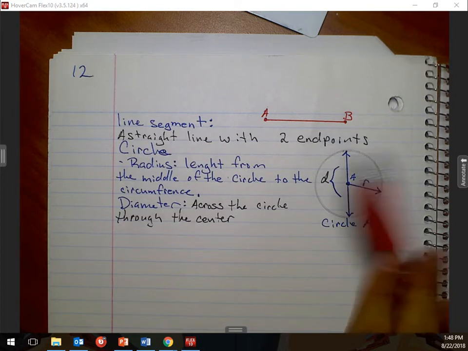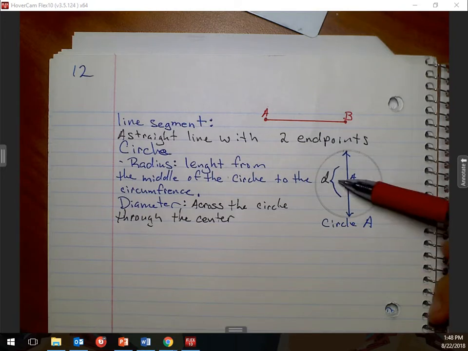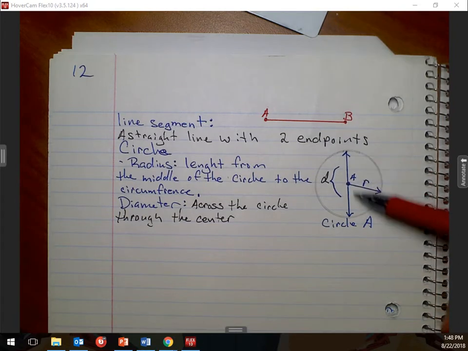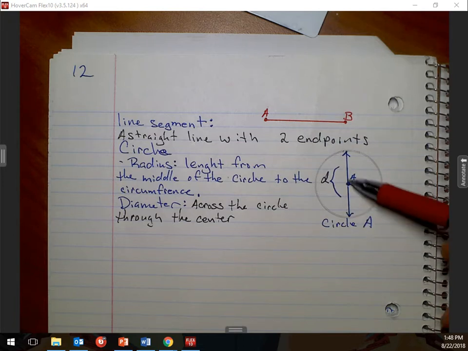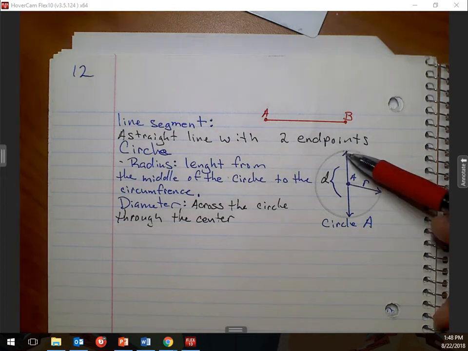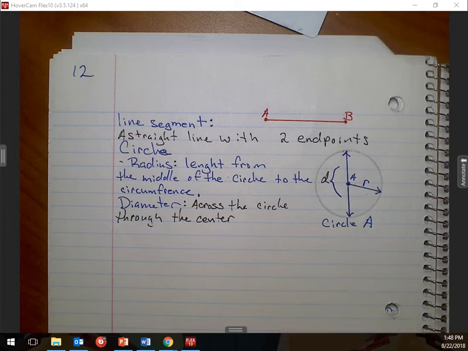Okay, so here's another definition that goes with my radius. Now that I have this, I have from right here to here, here to here, and here to here. What do I know about all those radii? They're all the same, right? So I could say that all the radii are congruent.